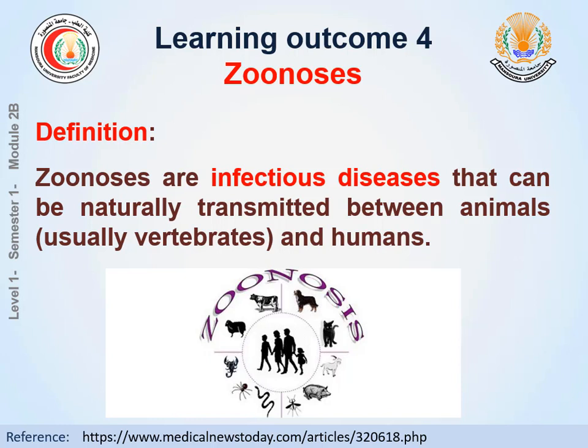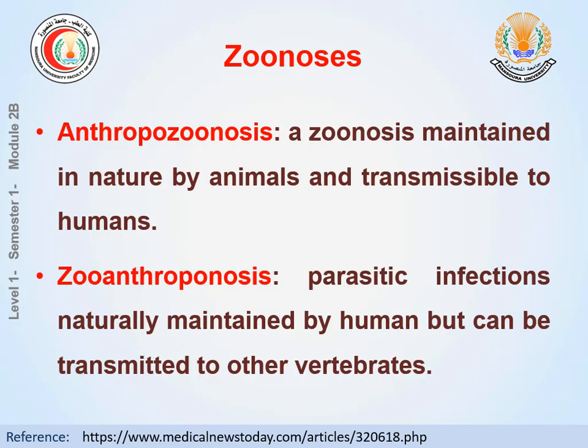There is a large category of diseases that are transmissible between animals and humans. These are the zoonoses. Anthropozoonosis is maintained in nature by animals and transmissible to humans, while zooanthroponosis is naturally maintained by humans but can be transmissible to other vertebrates.